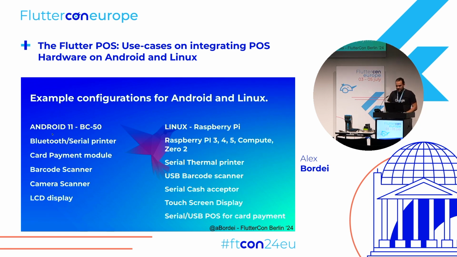Okay, so to create a POS system, you need also a serial thermal printer, which is this one. A USB barcode scanner, which I don't have with me right now, but you can imagine it's a USB barcode scanner. The serial cash acceptor, a touchscreen display, which is this, and also if you want to pay with card, you need something legally approved in terms of encryption and stuff.